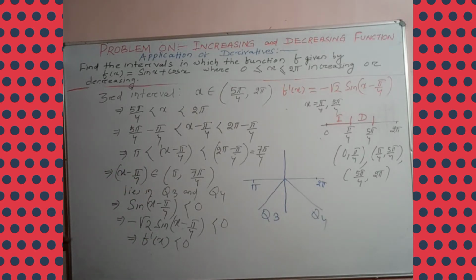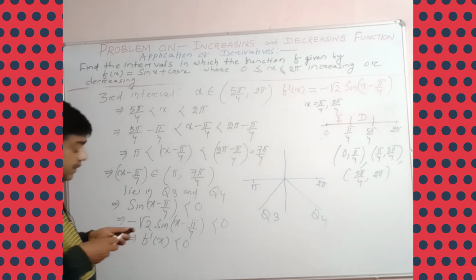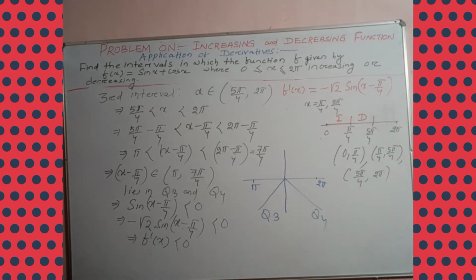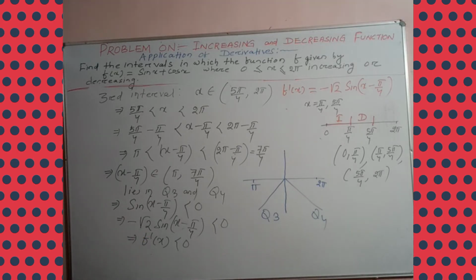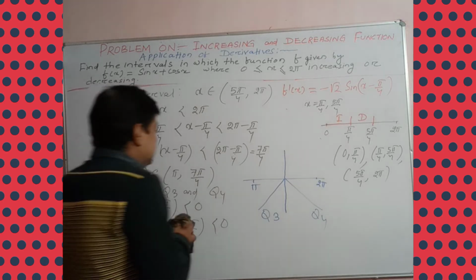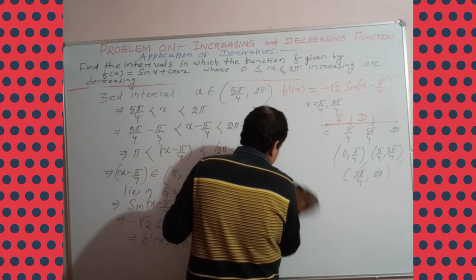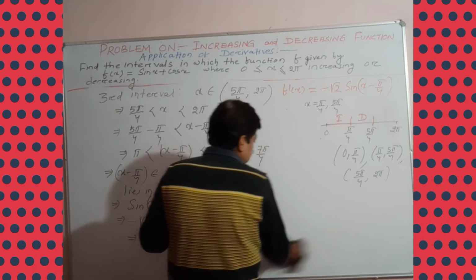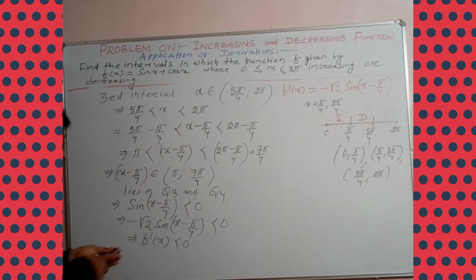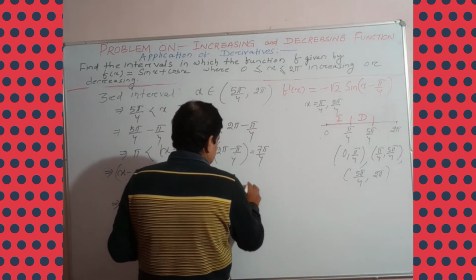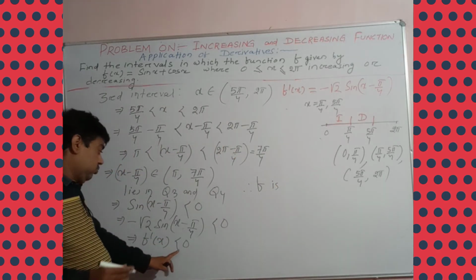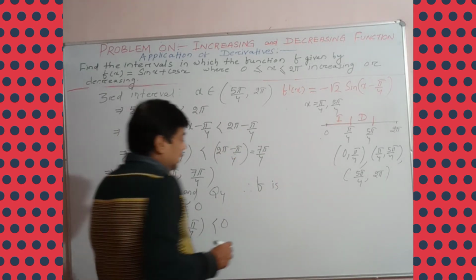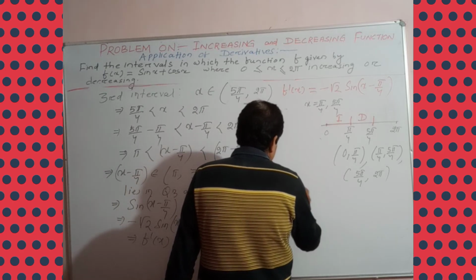Clearly, since f dash x is less than 0, according to the definition of increasing and decreasing functions, using the concept of the derivative, if f dash x is less than 0, then the function is decreasing.